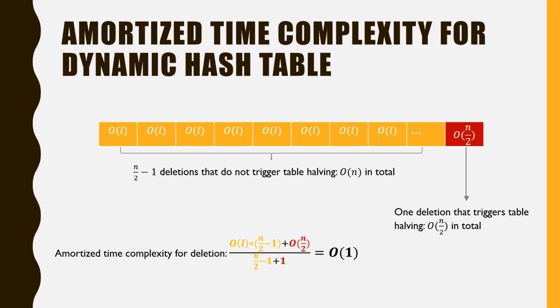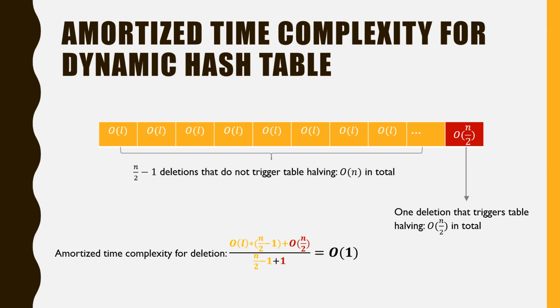Now, we consider the deletion case. Again, assume that the hash table contains n records and has a size of m equals 4n. In this case, it takes n/2 deletions to trigger a table halving. Since the hash table contains n records before its deletion, it now contains n/2 records.